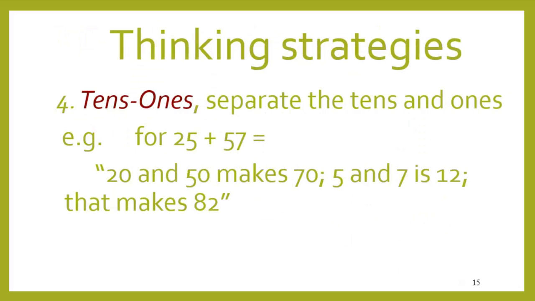So there's no one way that's better than another, and you'll find that different students will have different preferences. But in helping to develop their number skill, we ought to look at a number of different strategies. Not only teach the standard algorithm, but give them ways that they can work things out in their heads to prepare them for what they will be doing in everyday life.